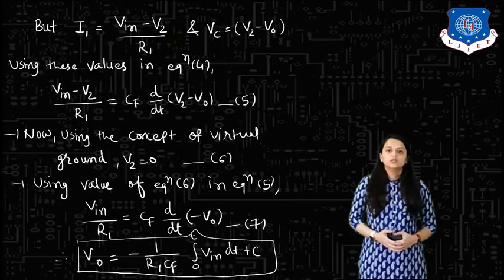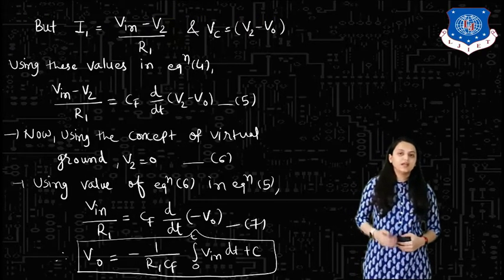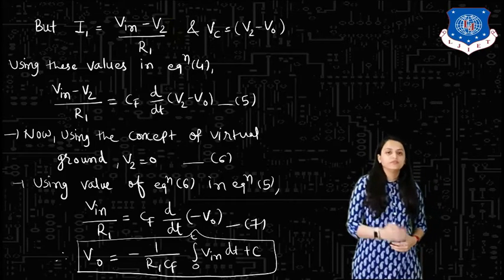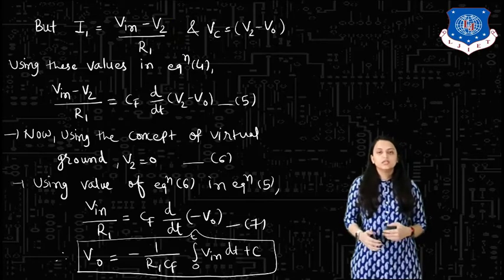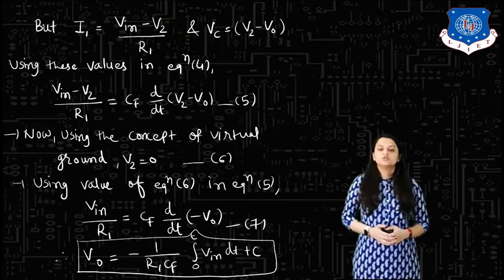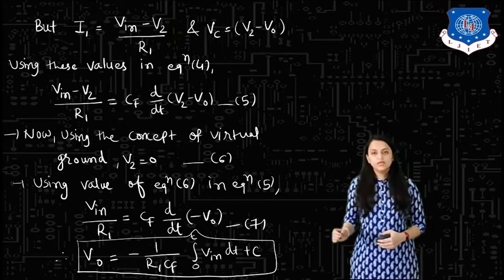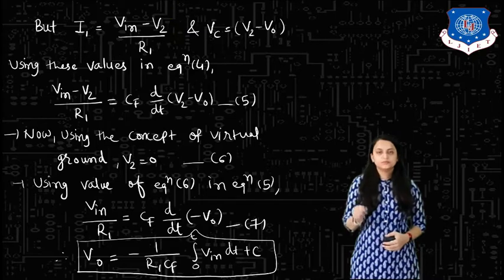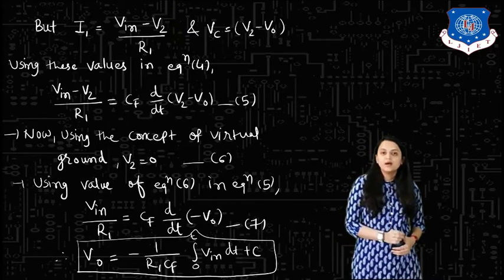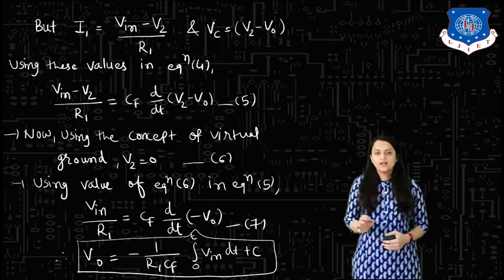Now, I1 equals Vin minus V2 by R1 and Vc equals V2 minus VO. Using equation 4, we substitute the values of I1 and Vc into it. So, we will get Vin minus V2 by R1 equals Cf d by dt of V2 minus VO.